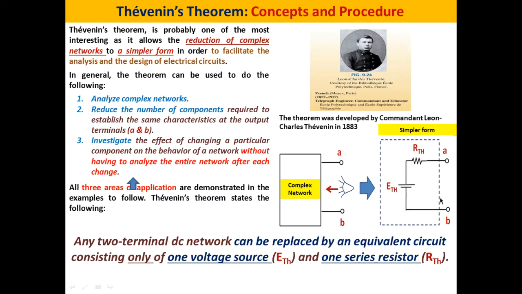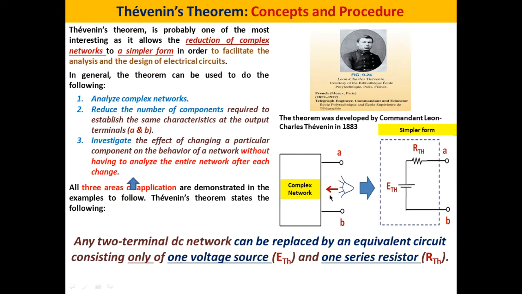What is this simpler form? It includes a voltage power supply, E Thevenin, and a resistor in series, R Thevenin. So any two-terminal DC network can be replaced by an equivalent circuit consisting only of one voltage source, E Thevenin, and one series resistor, R Thevenin.